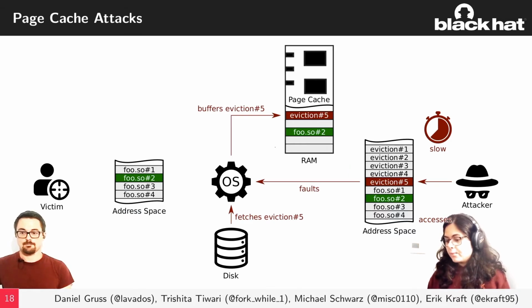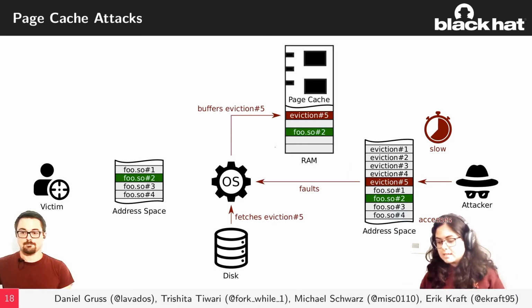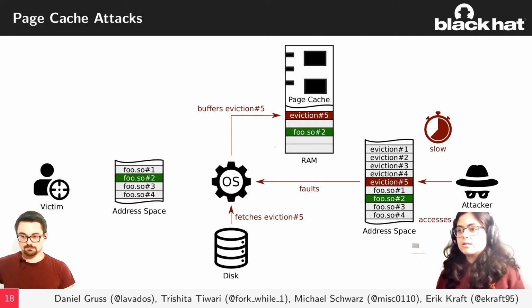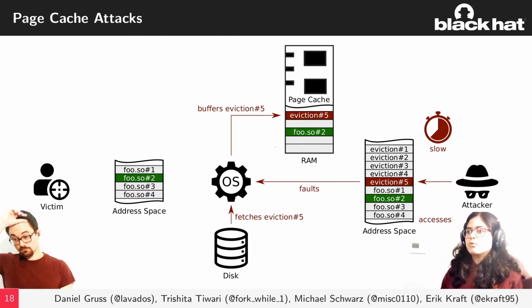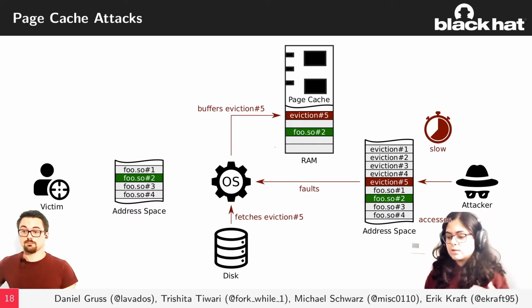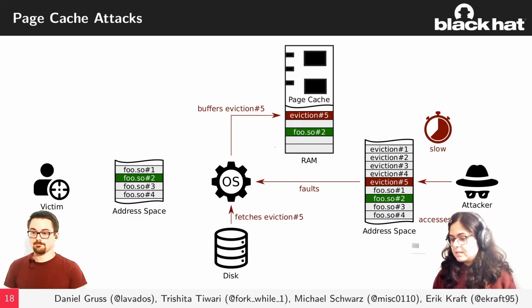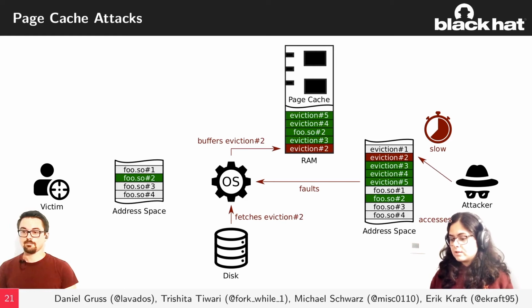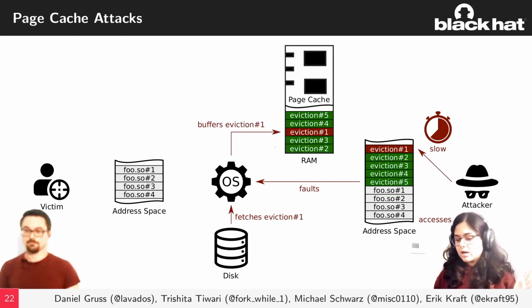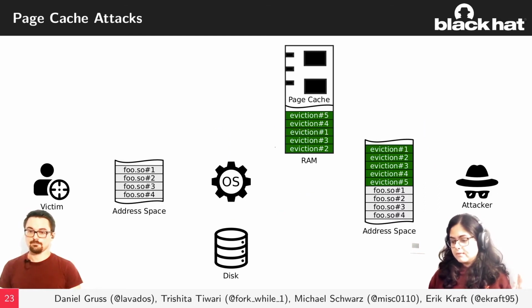And what we have to do next is, now that the attacker has accessed this page, and the attacker knows that the victim accessed this page because of seeing the fast access time, we want to evict that page out of the page cache so we can repeat this process and see when the next time the victim brings that same page in again. To do this eviction, we access a bunch of other pages that will eventually get rid of the target page that the attacker wants to evict.